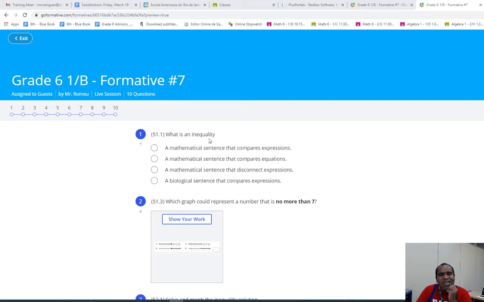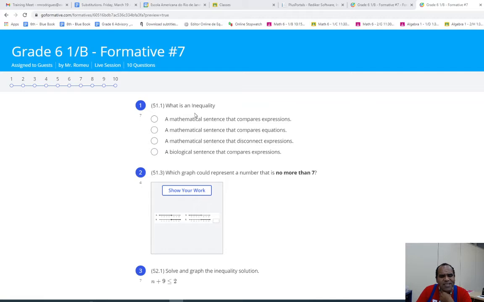What is an inequality? Let's think about what is an inequality. This is a mathematical sentence that compares expressions, a mathematical sentence that compares equations, a mathematical sentence that disconnects expressions, and a biological sentence that compares expressions. Okay, one thing for sure, I know it's not a biological thing.